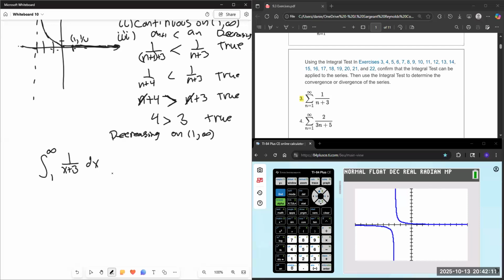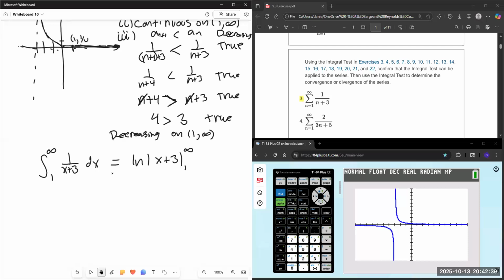So let's go ahead and evaluate this. Now, I'm not going to do the thing from chapter 8 where I put in the dummy variable b and take the limit as b goes to infinity. We understand at this point what it means to have a limit at infinity. I'm just going to go ahead and write it in the form of ln of x plus 3 from 1 to infinity.